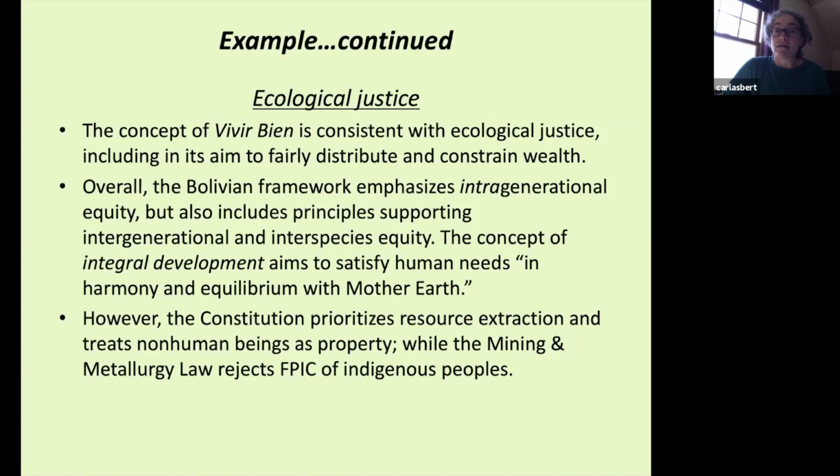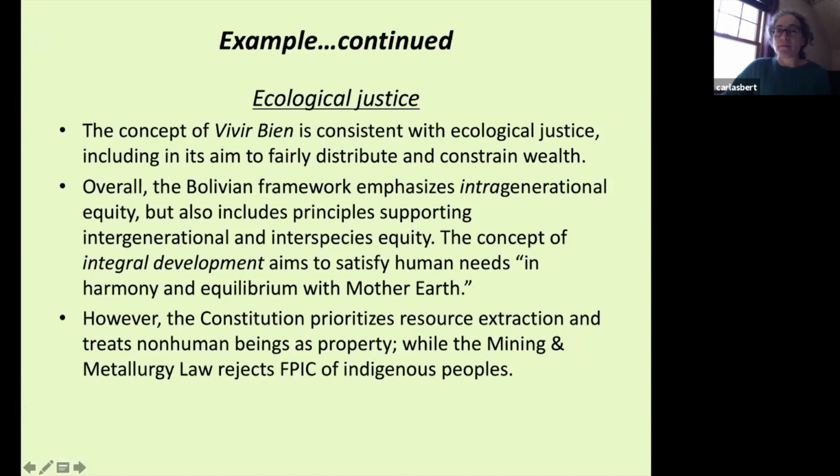But there are several provisions in these norms that also strongly support both intergenerational and interspecies equity, which are the other two elements of ecological justice in Bosselman's terms.